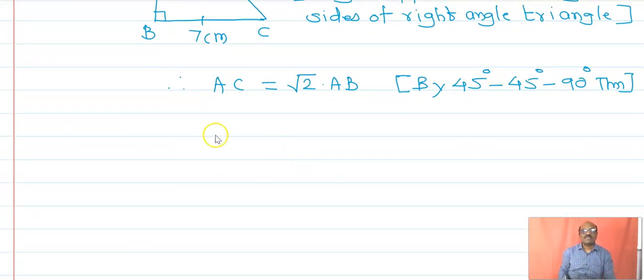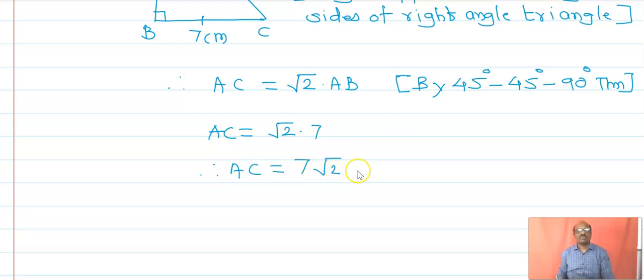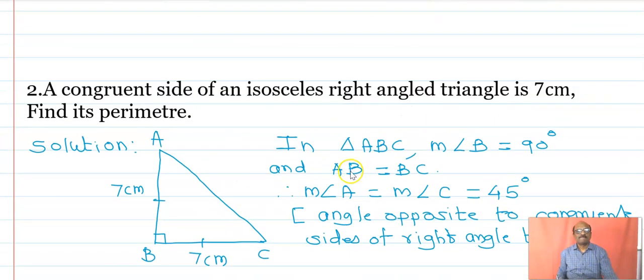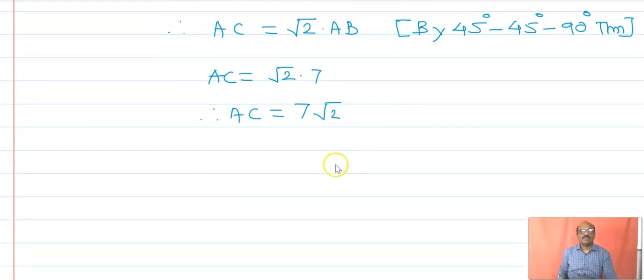And therefore AC is equals to root 2 into 7. Here AC. Therefore AC is equals to 7 root 2.